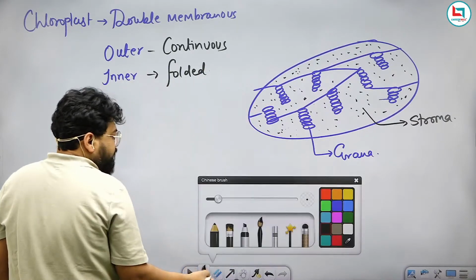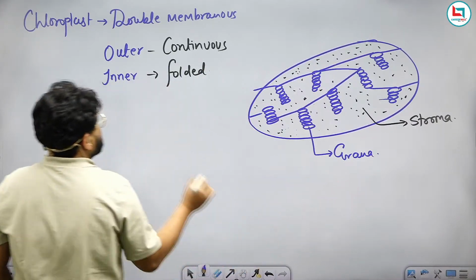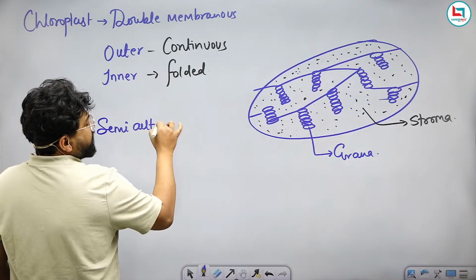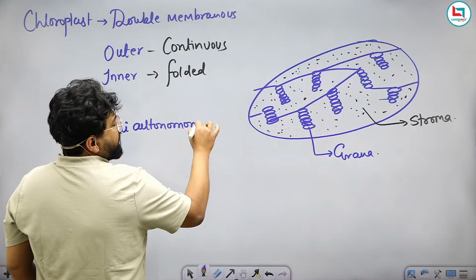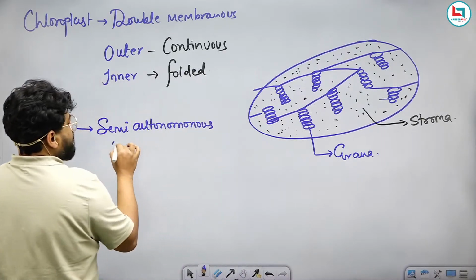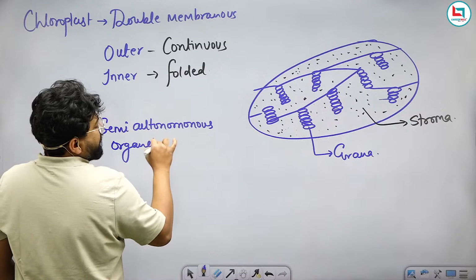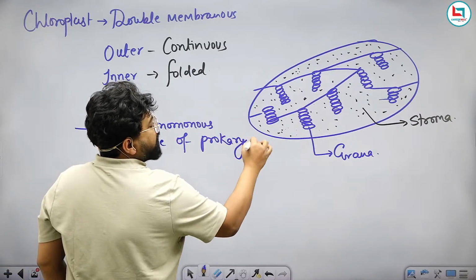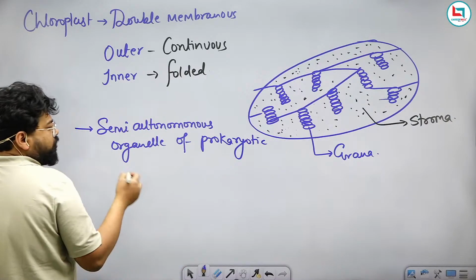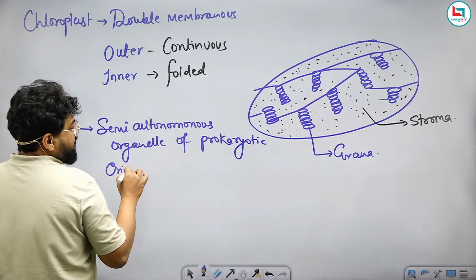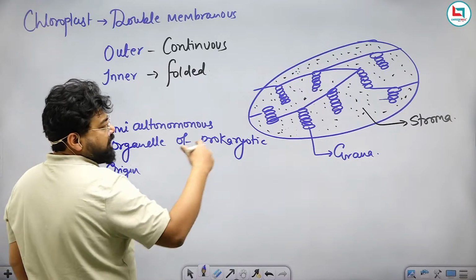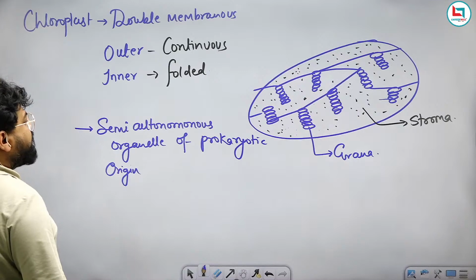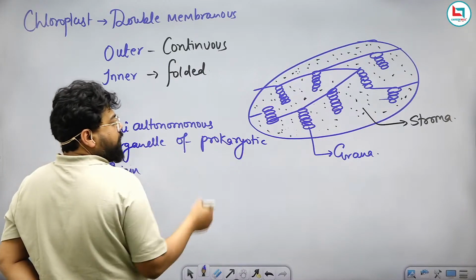This chloroplast is also a semi-autonomous organelle, just like mitochondria. Why? It is an organelle of prokaryotic origin. It was bacteria earlier during the evolutionary phase. These got stuck in a heterotrophic cell and started showing symbiosis with the heterotrophic cell. So these were semi-autonomous organelles of prokaryotic origin.